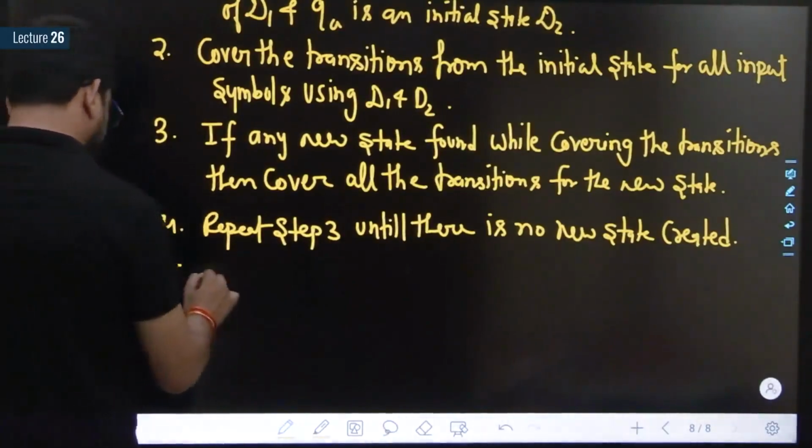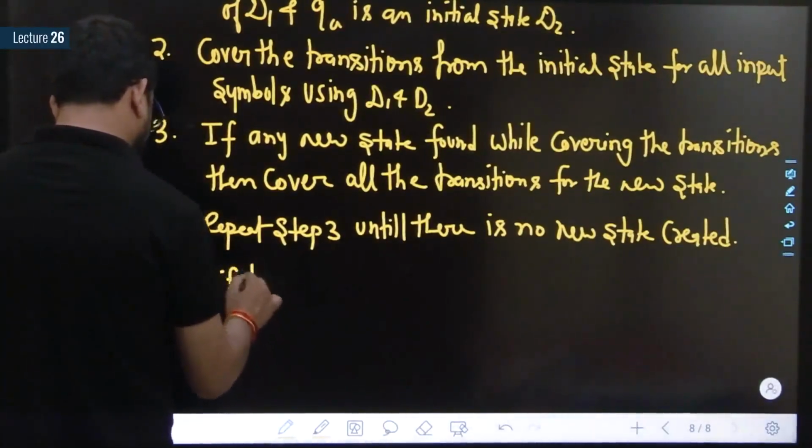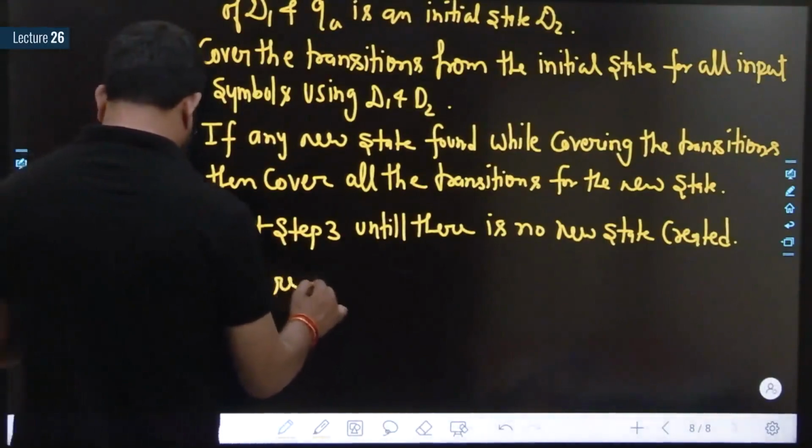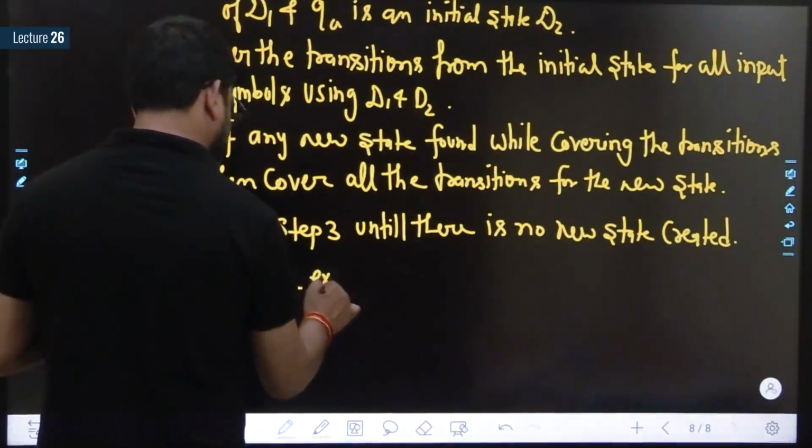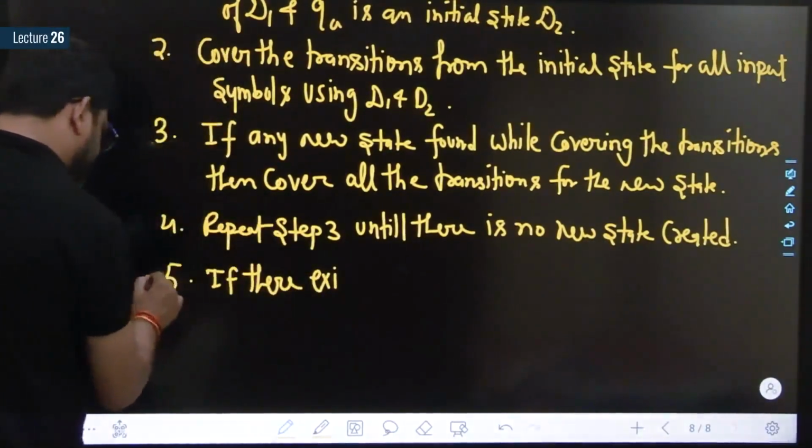Next one. If there exists a pair P, Q, this point is very important.